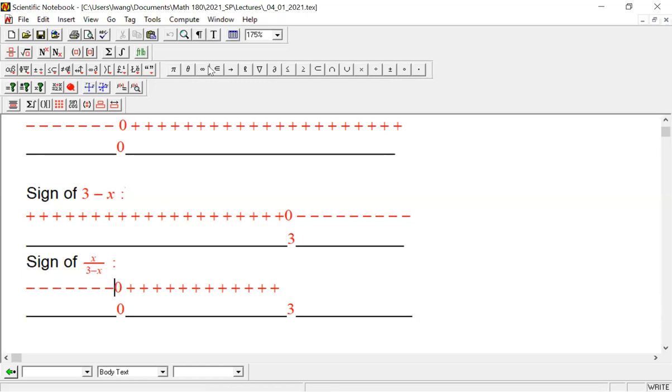At 3, what happens? At 3, we're dividing a positive number by 0. Dividing by 0 is undefined, so I'm going to put an infinity there. Larger than 3, what happens? A positive divided by negative.